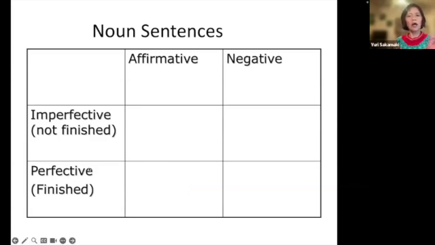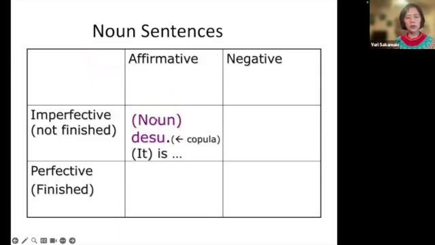So I've shown you this chart earlier. There are two time signatures, and then there are two types of yes or no sentences. So noun sentences, if you want to say it's a something, like it's a pen, you can put a noun here, and then you can put desu.